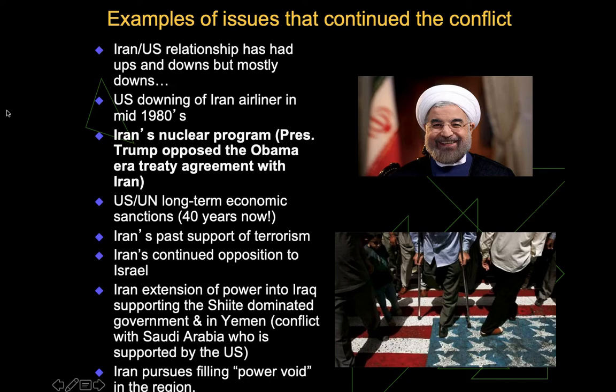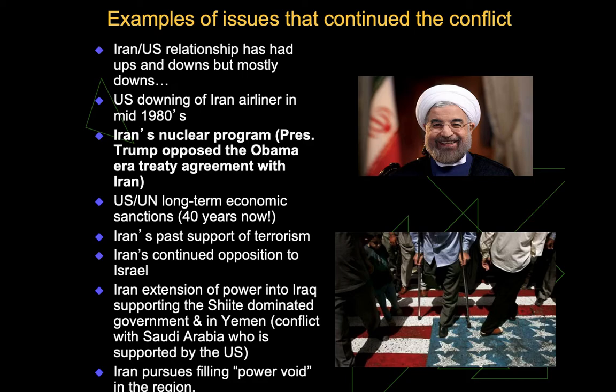But other components have continued to cause problems between our country and Iran. Iran has attempted to pursue a nuclear energy program, which our concerns have always been that they could turn into an attempt to build nuclear weapons.